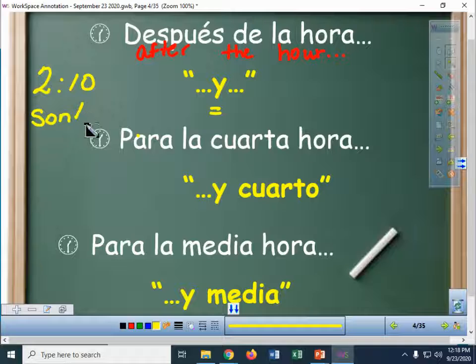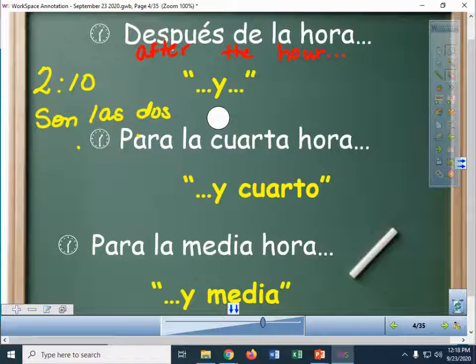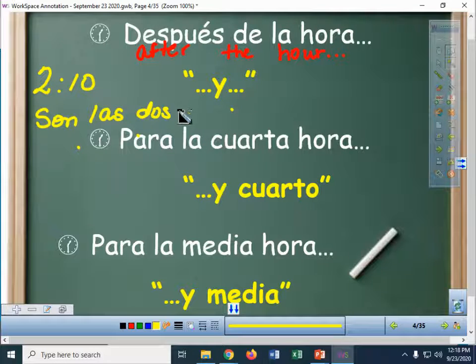Son las dos. So after the hour, I use y. And what's 10 in Spanish? 10. Good. Good job. So son las dos y diez.